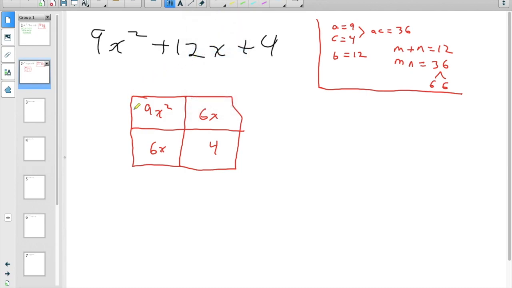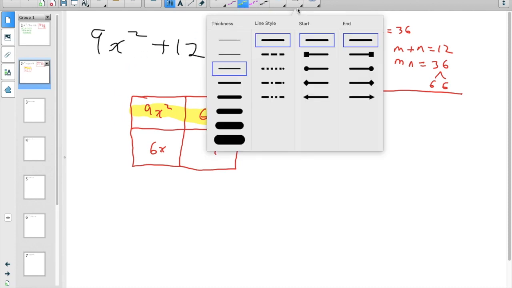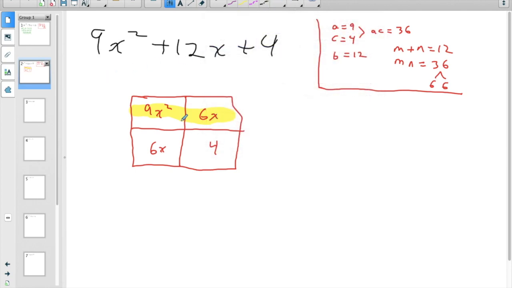First, we'll look at this top row, this 9x squared and this 6x. The 9x squared and the 6x give us a greatest common factor of 3x.